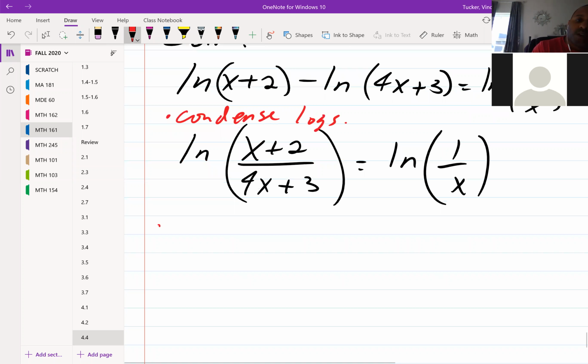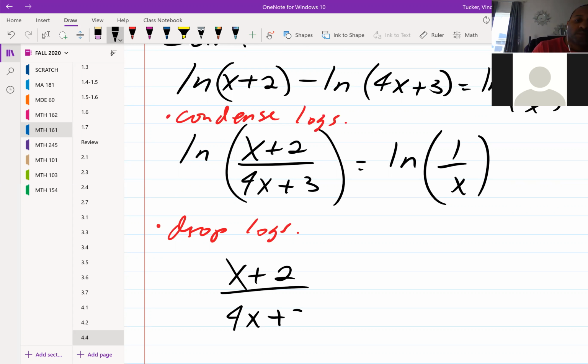And now we can drop. All right, so we have x plus 2 over 4x plus 3 equal to 1 over x.